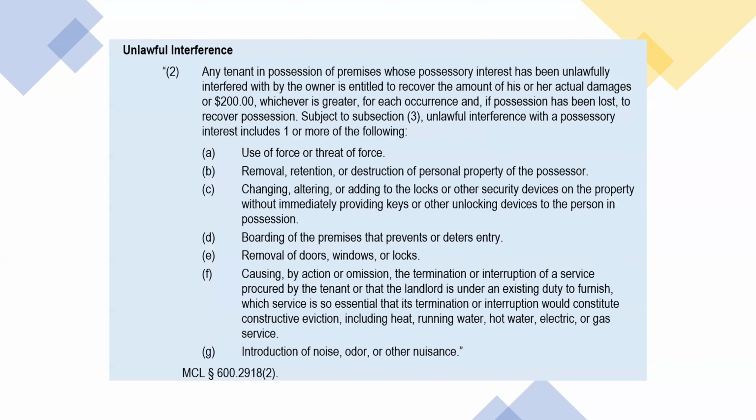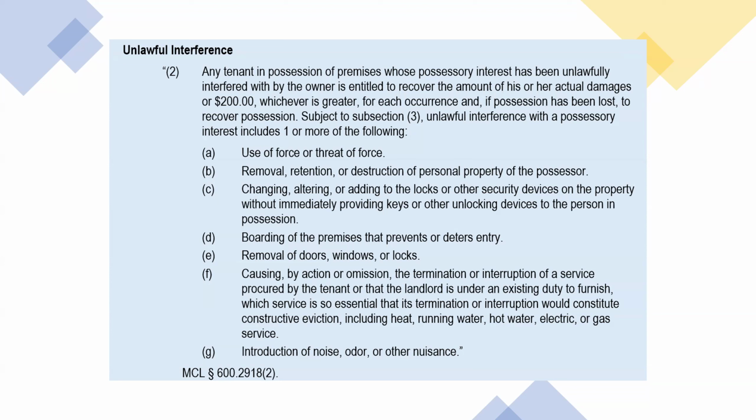Often, though, the eviction involves an unlawful interference. An unlawful interference occurs, right, in several ways. You can see subsection 2, A through G. It can be a tenant in possession whose tenancy is unlawfully interfered with by the owner, entitled to recover his or her actual damages or $200, whichever is greater.